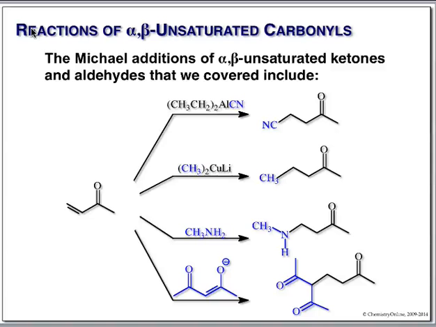Bottom line is, if you take an enolate anion, you can react that with an alpha-beta unsaturated ketone or aldehyde and do simple Michael addition. No different than cyanide, dialkyl lithium, or amines.